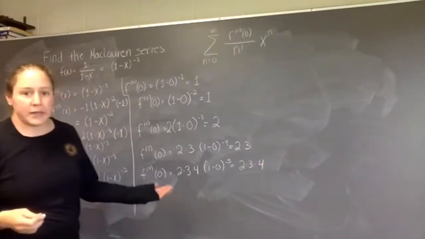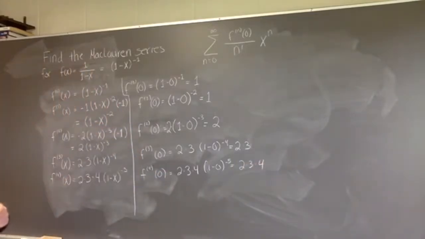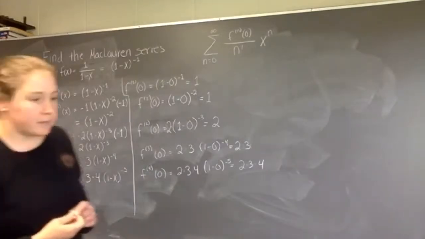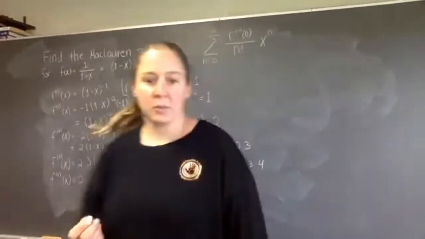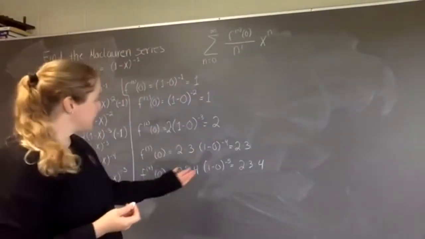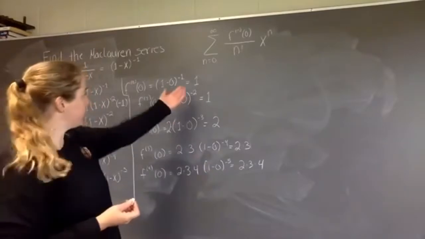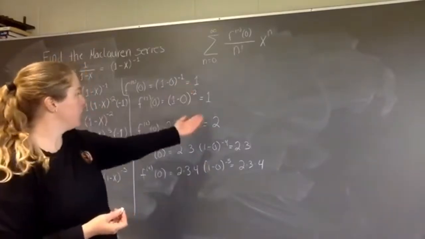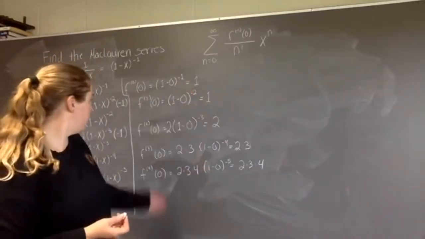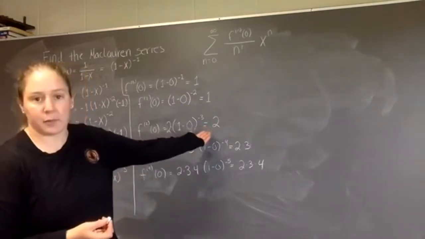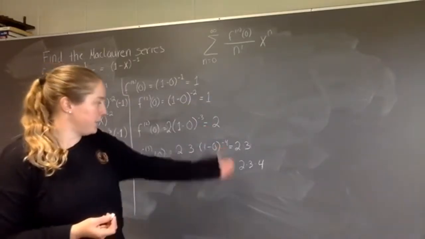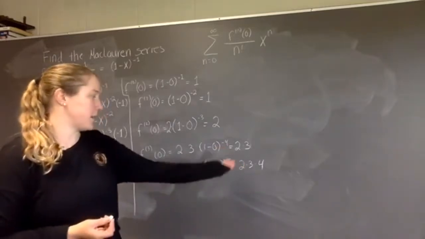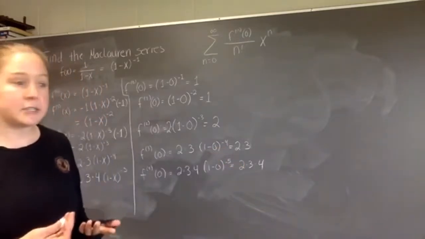The reason I'm writing it in this way instead of just multiplying it out and saying 24 is because I want you to see that the pattern here is actually just the factorial. So 0 factorial is 1, 1 factorial is 1, 2 factorial is 2 times 1, 3 factorial is 3 times 2 times 1, 4 factorial is 4 times 3 times 2 times 1, and so on.